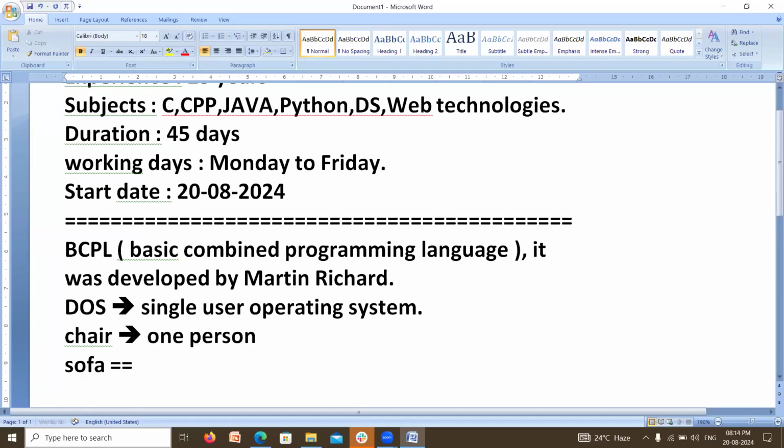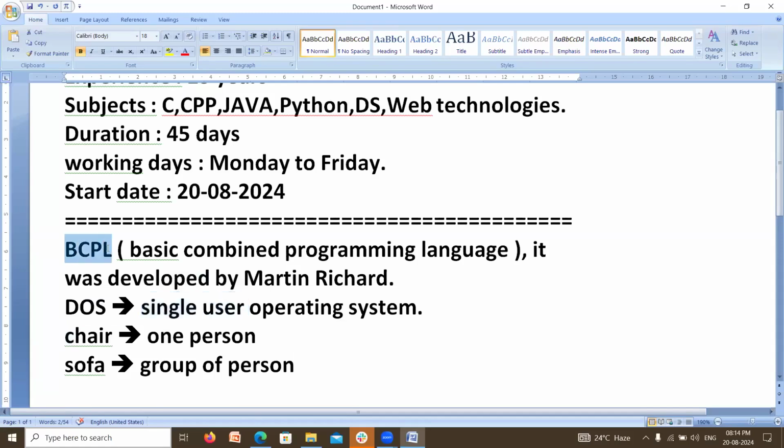Whereas in a sofa, a group of persons can sit. Chair can give support to only one person, whereas sofa can give support to multiple persons. Chair is the example of a single user operating system. It can support only one user at a time.